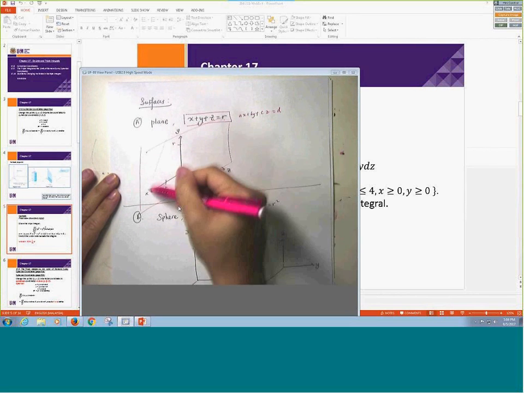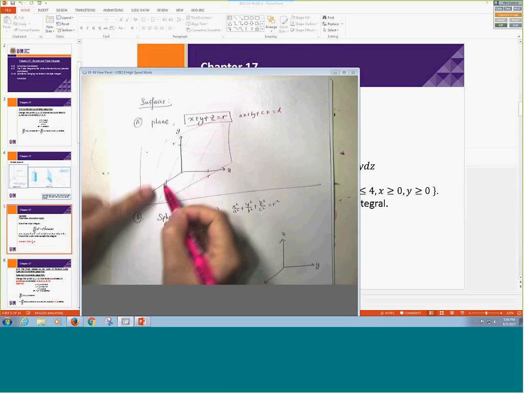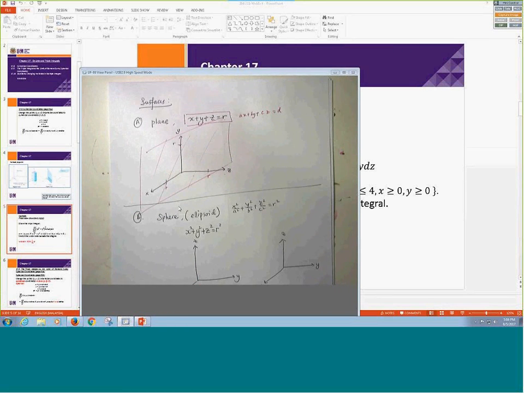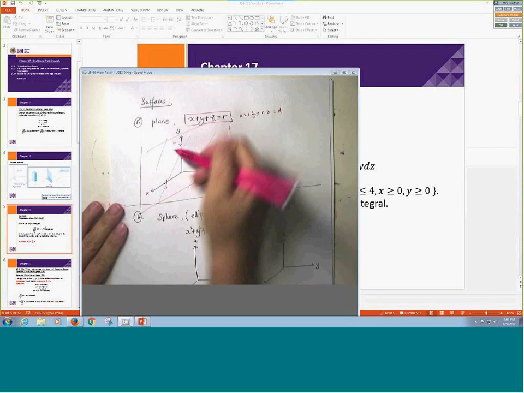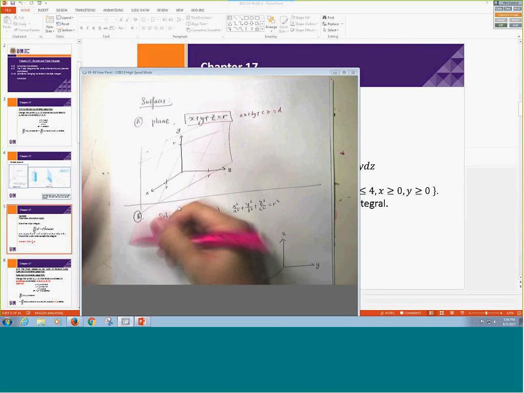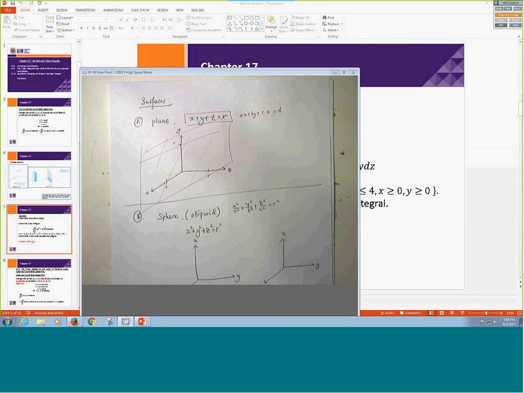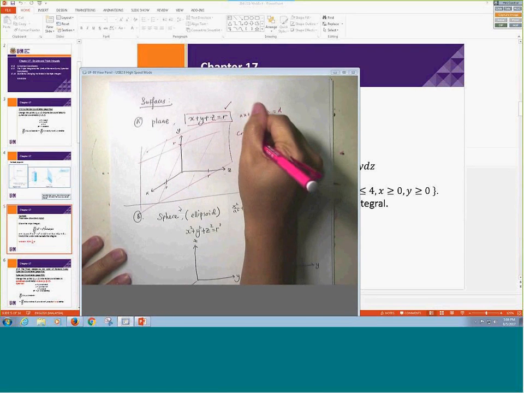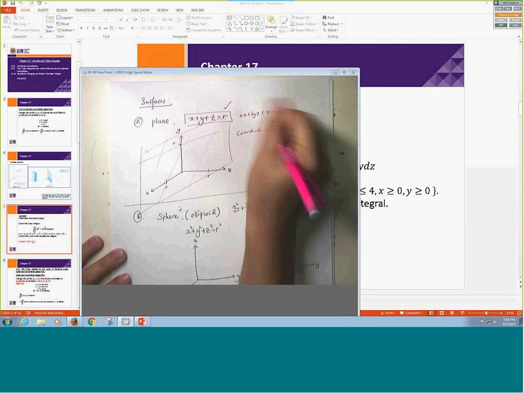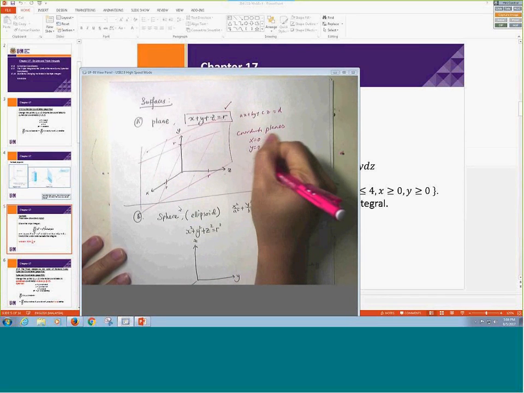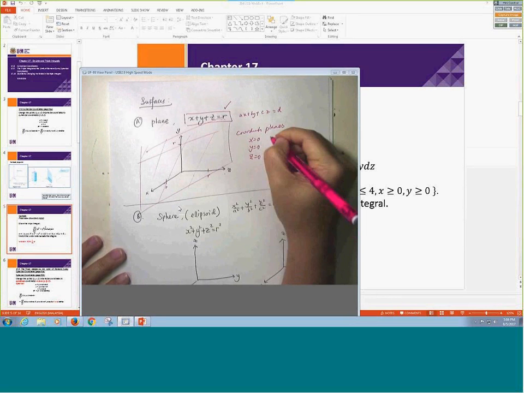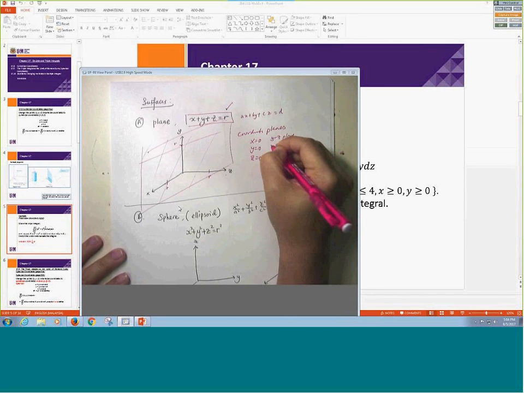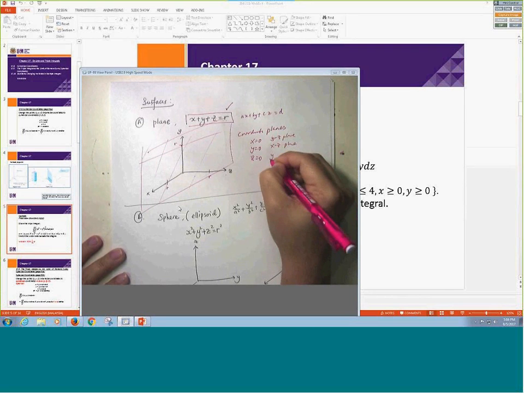The plane passes through x, y, and z at r. It will be slanted, and it will go beyond the positive x and y. But if they give you the plane and mention that it is bounded by the coordinate planes, coordinate planes means x equals 0, y equals 0, z equals 0, in other words the YZ plane, the XZ plane, and the XY plane.